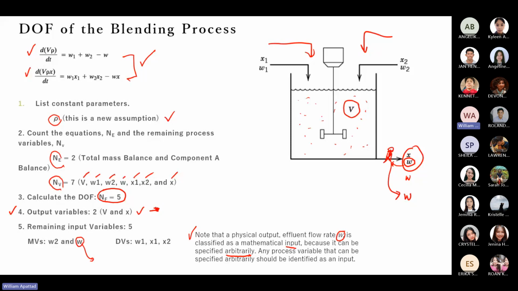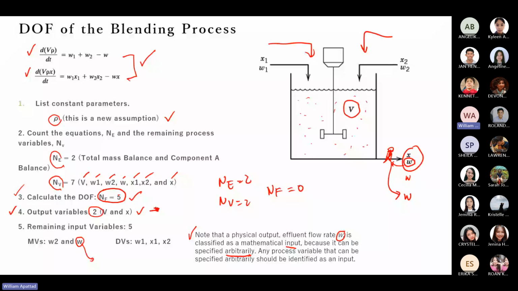So for this, since 5 ang ating degree of freedom and gusto natin dapat is 0, right? So kailangan 0 siya. So ang output variable natin na kinonsider is dalawa din kasi dalawa ang ating NE, right? Dalawa. So dapat dalawa din ang NV natin para ang NF natin is equal to 0. Now, ang calculated DOF natin is 5.